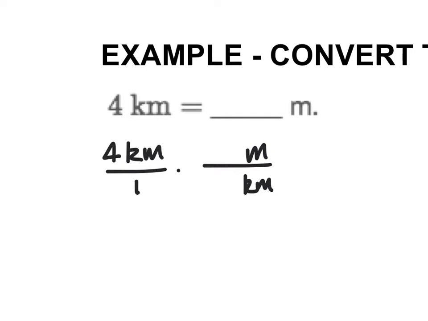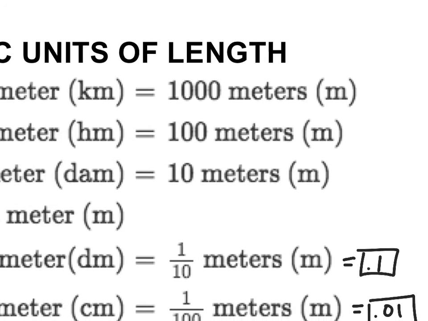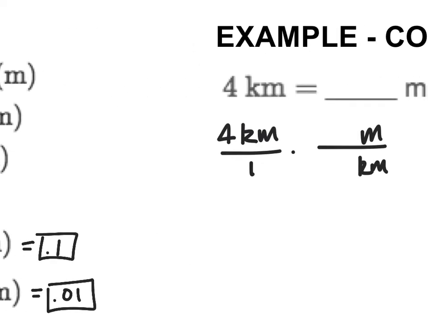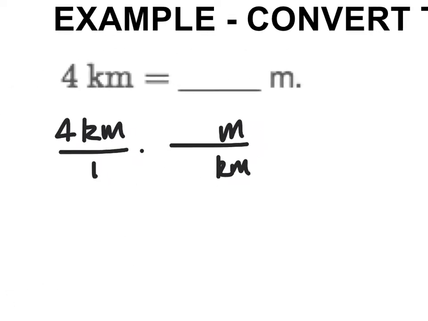That way, my kilometers will divide out. But let's think about it. In 1 kilometer, I have 1,000 meters. I'm just looking at this table here, and so I'm going to write that down. That 1 kilometer is equal to 1,000 meters.